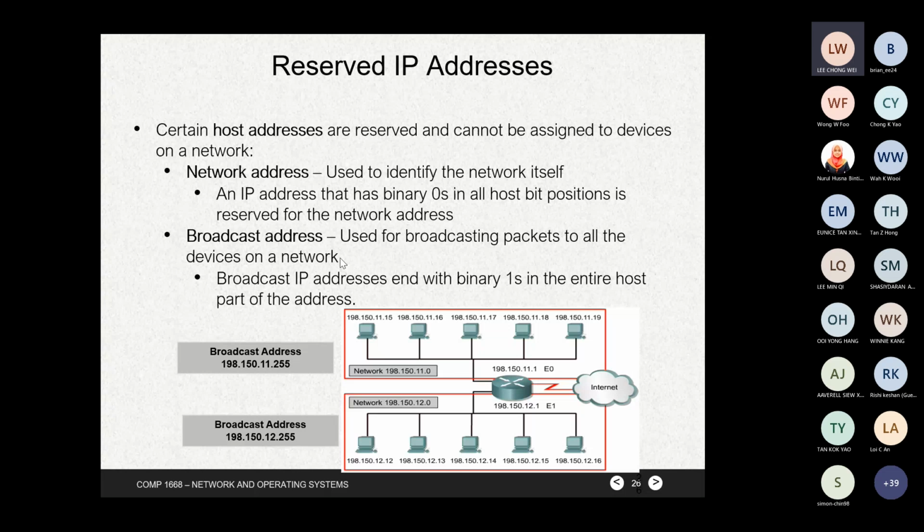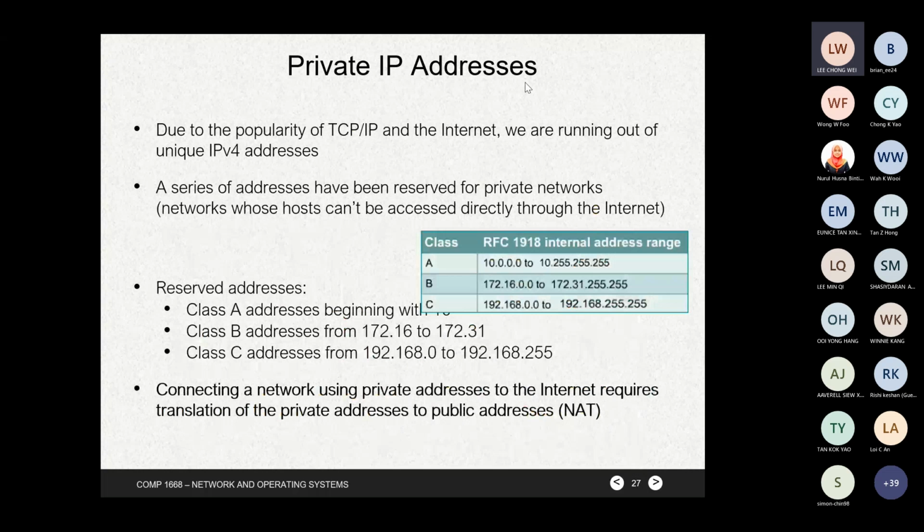So reserved IP addresses, like what I mentioned earlier, some IP addresses are reserved for certain functions. For example, for broadcasting, for multicasting, and for loopback check, and so on. That's what we call reserved IP addresses.